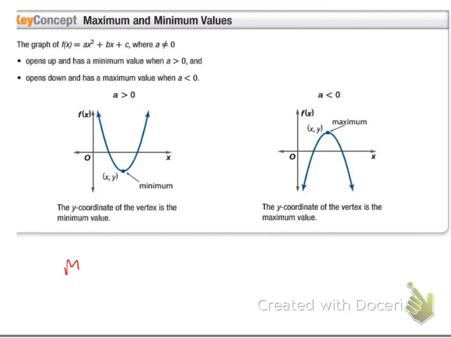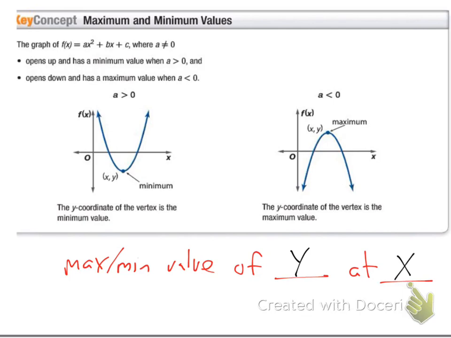It has a max or min value of blank at blank. What do I mean by that? Has a min or max value of the y at the x. Does that kind of make sense?